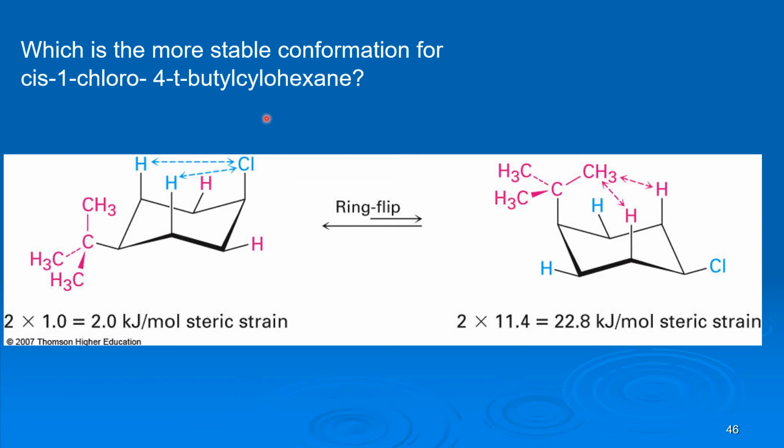All right, so here's just an example. Which is the more stable conformation for cis 1-chloro 4-tert-butyl cyclohexane? So we have our two possibilities, and it's cis, and 1,4. So here's the 1 and here's the 4. Since they're cis, they both have to be tops.